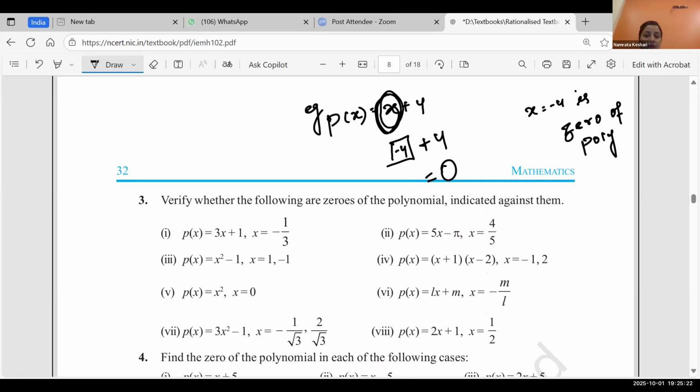Yes, ma'am. And the process says you don't try guessing, because in such a simple question you will be able to guess that x can be taken as -4, and -4 plus 4 will be 0. But when the polynomial is quadratic, or quite confusing, with fractions involved, you will end up getting confused. So the process says just follow the process, you don't have to guess.